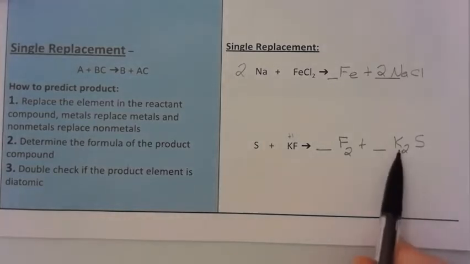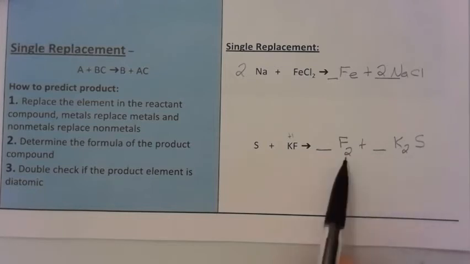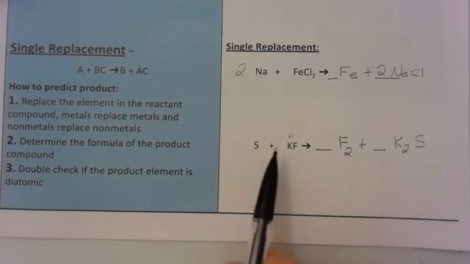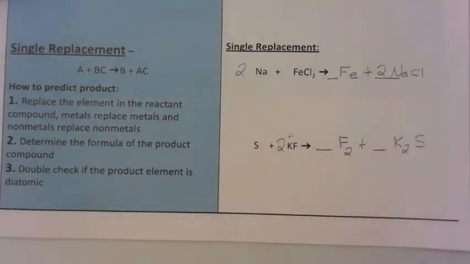So again, this is 2 plus 1 potassiums, 1 minus 2 sulfur, and then it's F2 because fluorine was that diatomic element. So we can see here that if we have 2 Ks and 2 Fs, then that means that on the reactant side, we need 2 KF, or 2 potassium fluorides, to react with just 1 sulfur to form those two products.